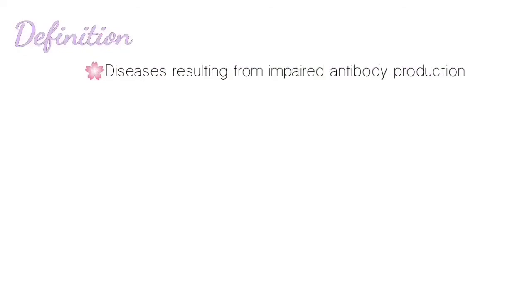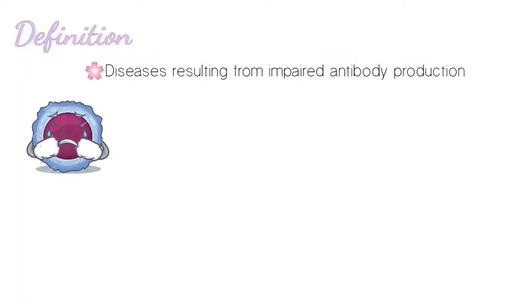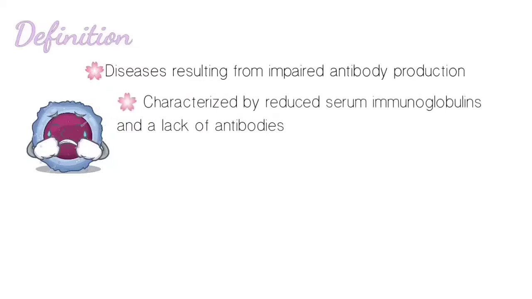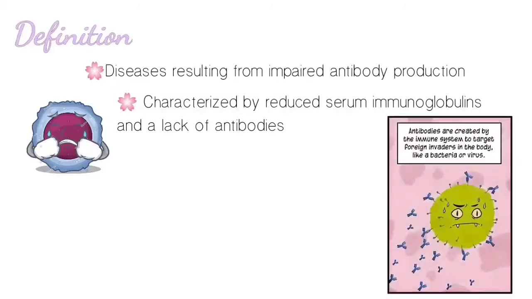Definition: primary B-cell immunodeficiencies refer to diseases resulting from impaired antibody production, meaning there are problems with B-cell development so they can't make antibodies properly. B-cell immunodeficiencies are characterized by reduced serum immunoglobulins and a lack of antibodies.